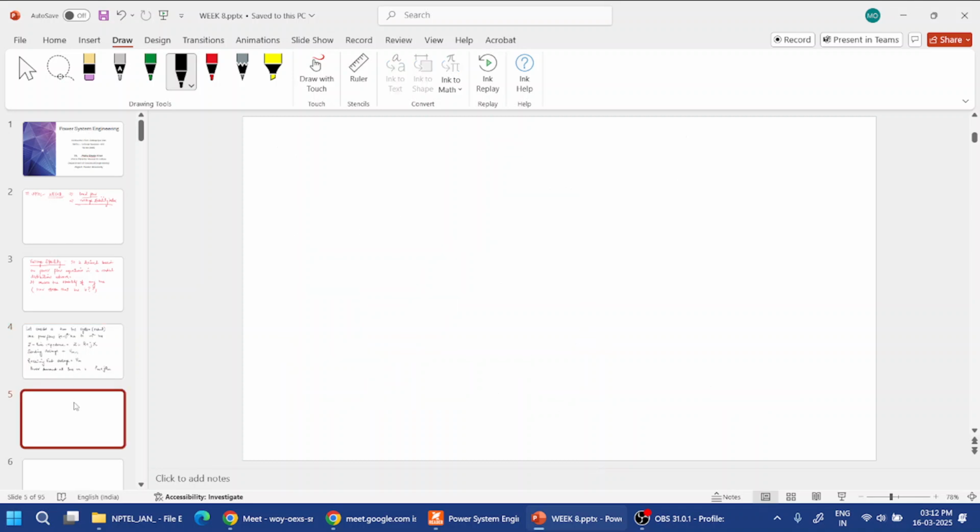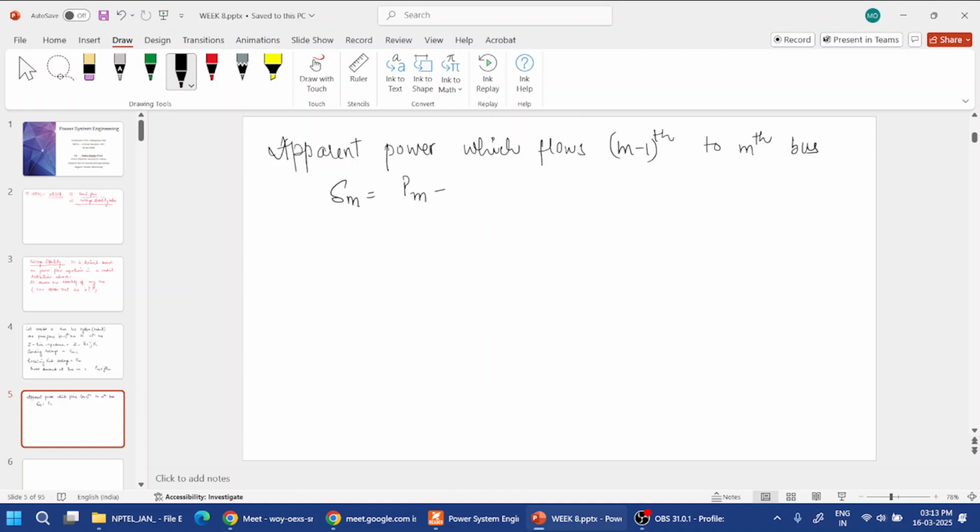So the apparent power which flows from the m minus 1th bus to the mth bus is Sm equal to Pm plus jQm.